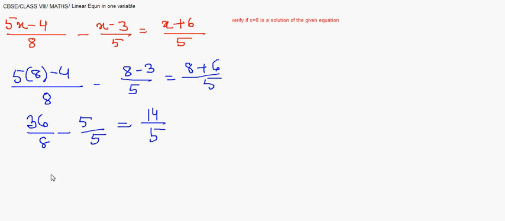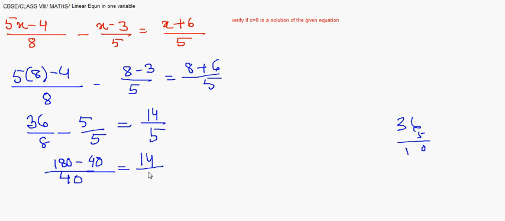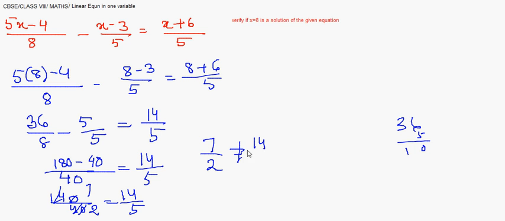Sorry, this will give us 40 as the LCM, so I'm getting 36 into 5, that's giving me 180 minus 40 over 40, equals 14 by 5. 140 upon 40 is giving me 7 upon 2, and this shows 7 upon 2 is not equivalent to 14 upon 5.